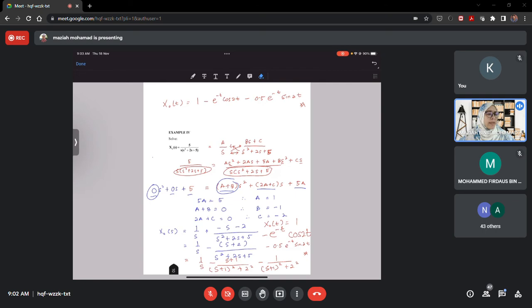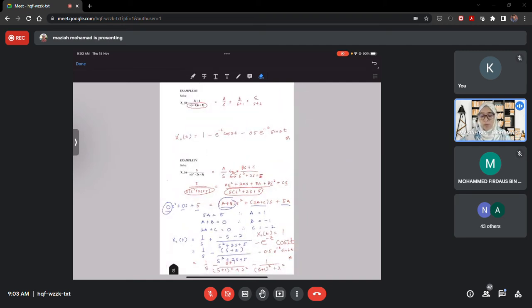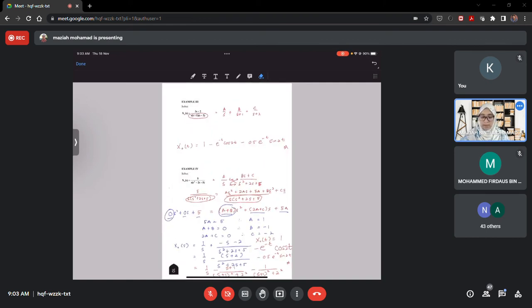It's a common thing that will occur when you need to do time response analysis. So if your system is complex, you expect a more complex function. If the system is simple, the function will also be simple.